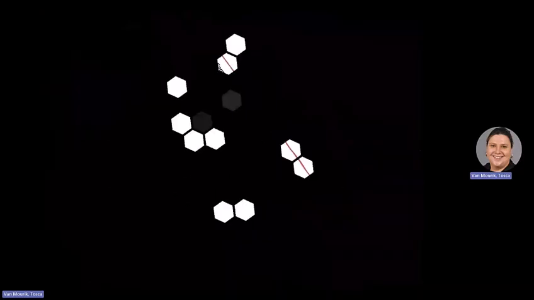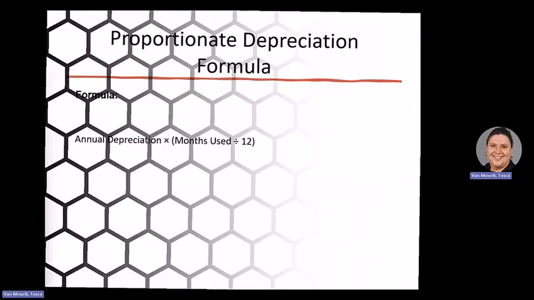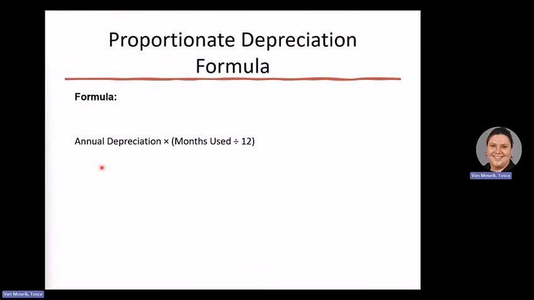Let's look at the formula for that. So what is the formula? We will calculate the annual depreciation. Remember, the annual depreciation can be based on either the straight line method or the diminishing balance method.